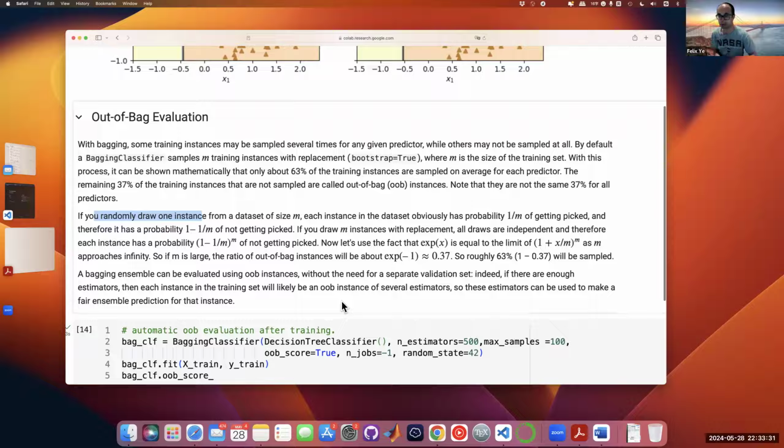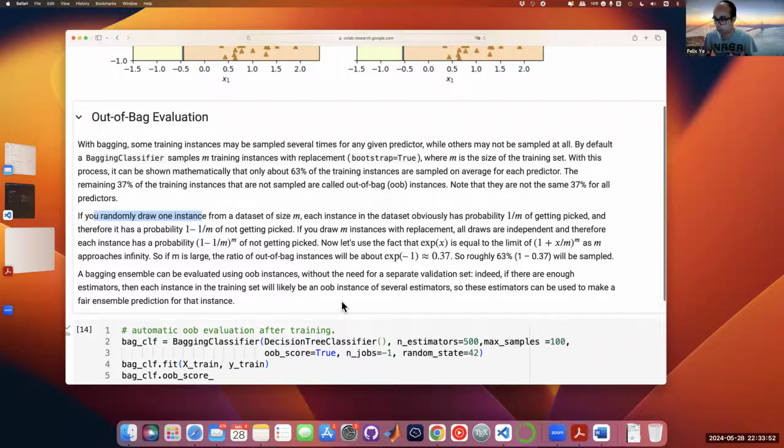So this can naturally make fair estimates of the generalization error.